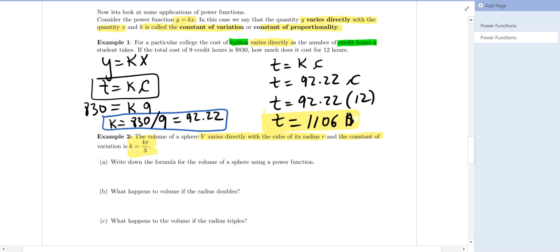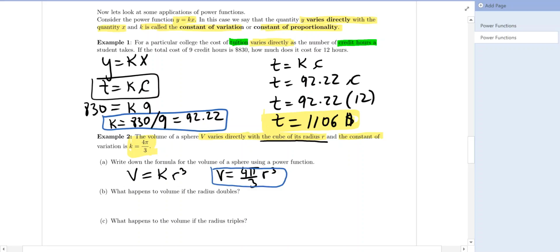So to write down the formula, we know that V equals k times the radius cubed, because it varies directly with the cube, not just with the radius. And k is 4 pi over 3. So instead of k I put 4 pi over 3 and then r cubed. This is actually the formula for the volume of a sphere.